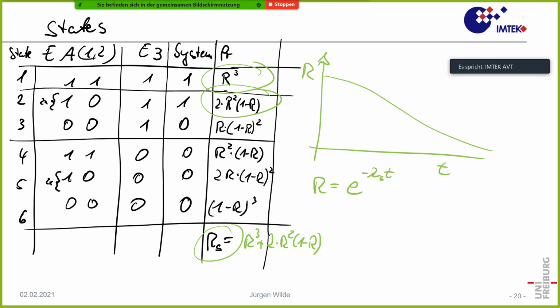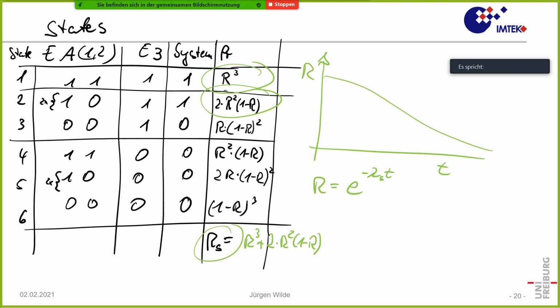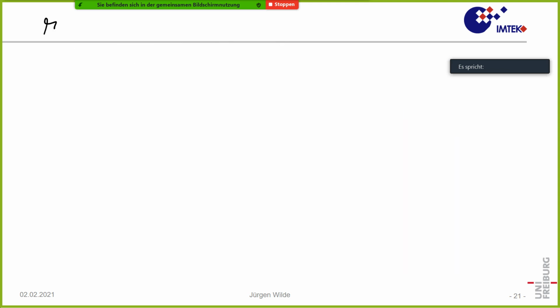Okay, that's still the reliability part. But now we were looking for the probability to be in a certain state, and to that purpose, we must build the Markov graph. So we start, of course, with a system which is functional.